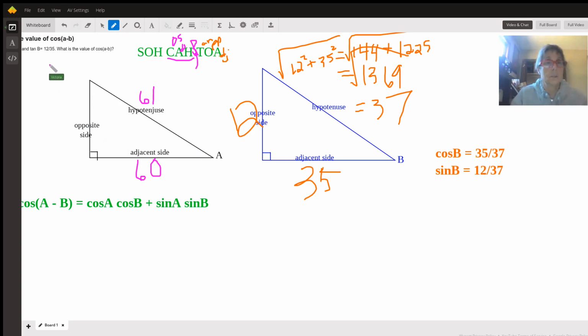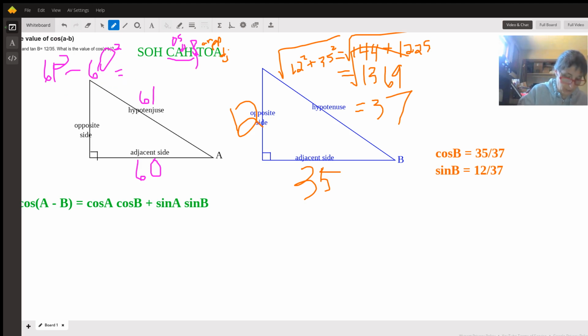And so we're going to take 61, which is C, and square it, and subtract off the 60 squared, and we'll be left with the opposite side squared.